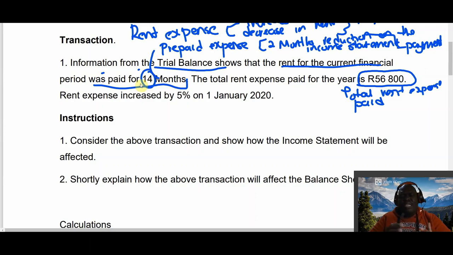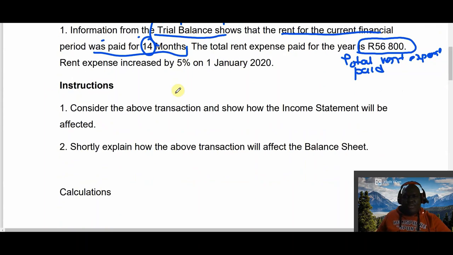And if it's outside that period, meaning that it's overpaid, I'm not sure if you guys are familiar with concepts like overcast. So if something is overcast, it means it's overpaid. So in this case, they said that our rent expense was paid for 14 months, so meaning that rent was overcasted.